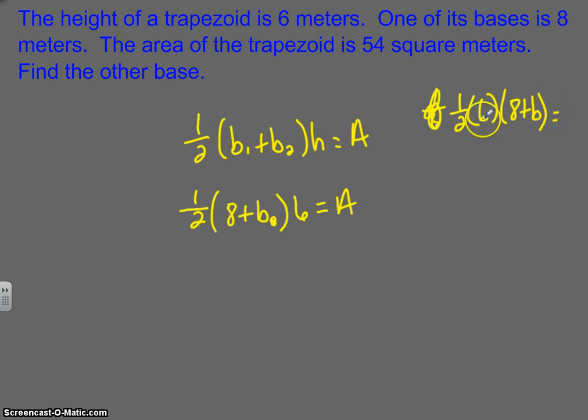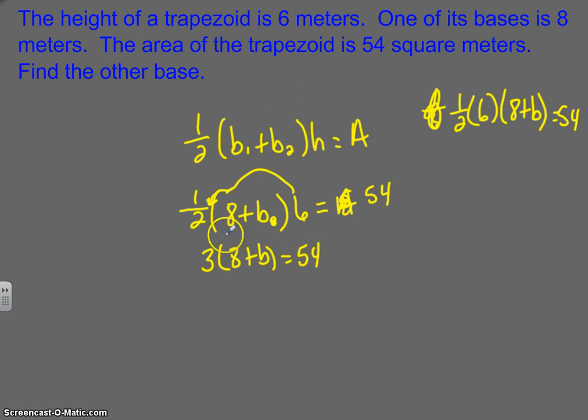I want to make sure that is 54. So I could actually move the 6 over here if I wanted to switch the order, and 1/2 times 6 is just 3. That's a mess, but I hope you understood what I'm saying. I could just stick the 6 on this side of the parentheses and multiply the 1/2 times the 6 and get 3.